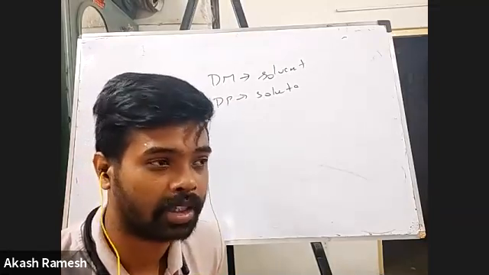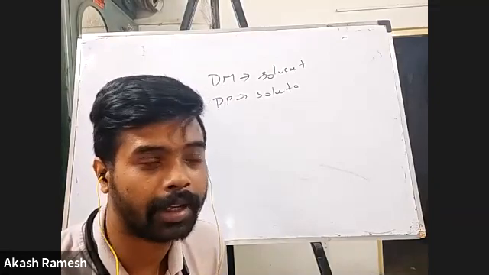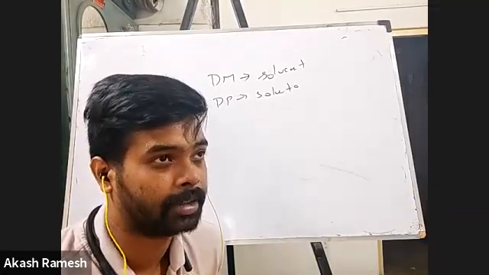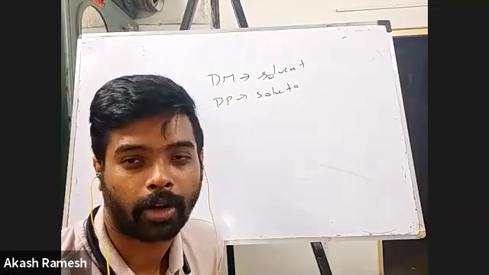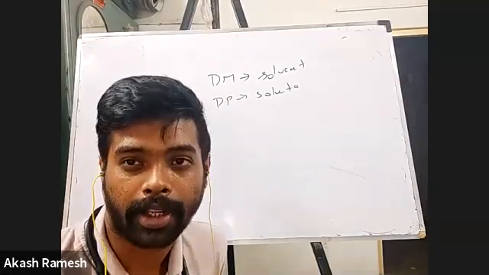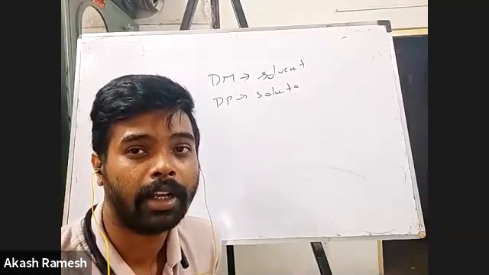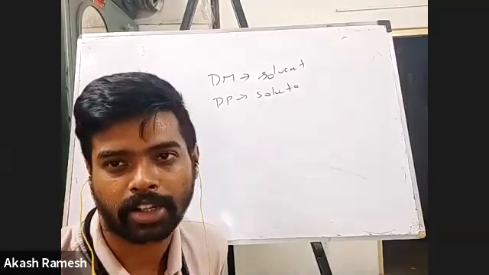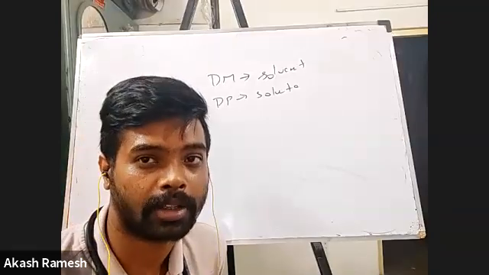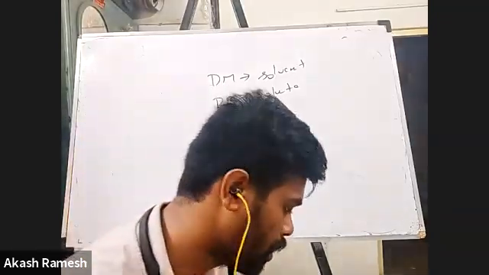Then we'll move on to the properties of colloids. There are certain special properties only colloids have, which true solutions or suspensions will not have. And obviously the applications of colloids. So all these things we'll be studying. So we'll quickly move on.